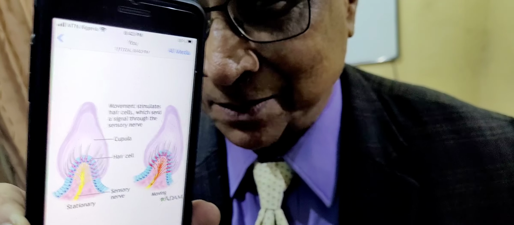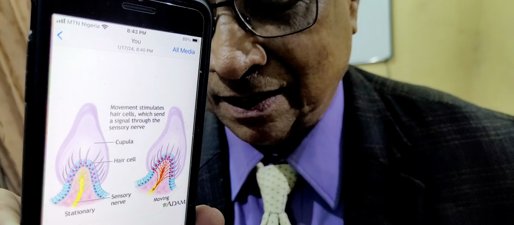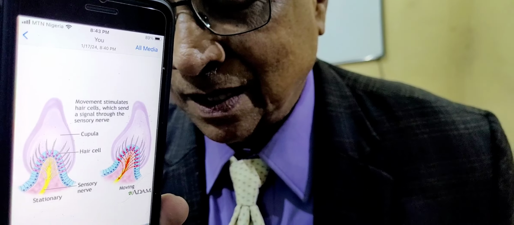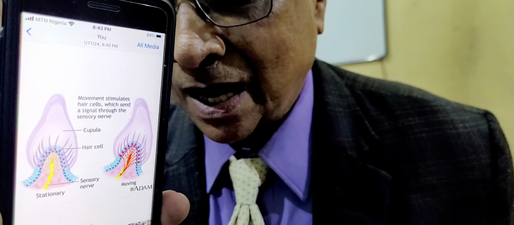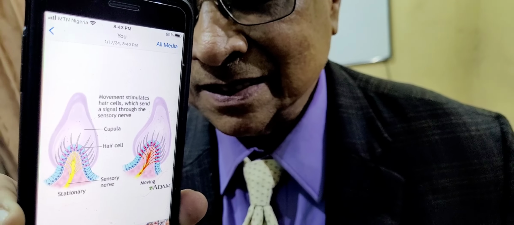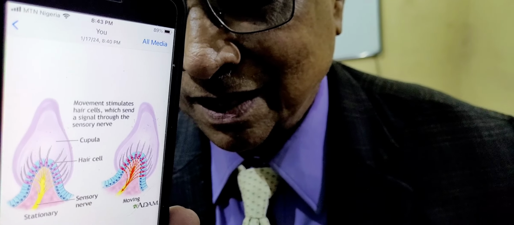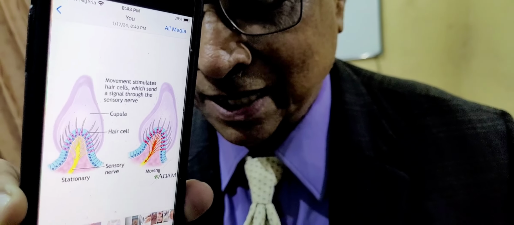So if it is damaged, it will give the wrong signal to your brain stem cells, and that will give you the feeling of dizziness, the feeling of spinning, and the feeling of not being balanced.